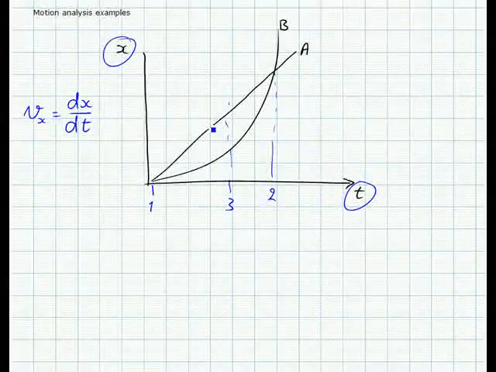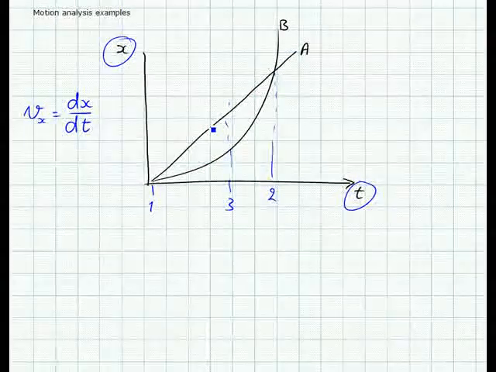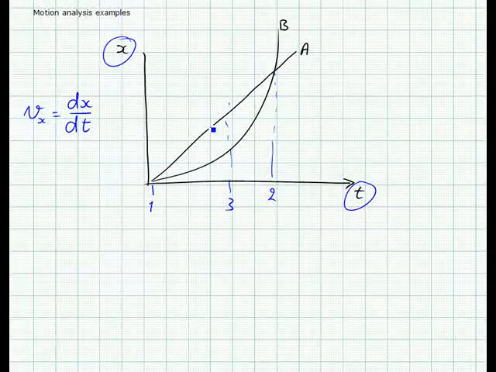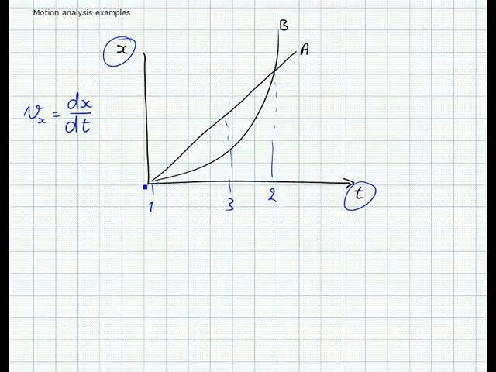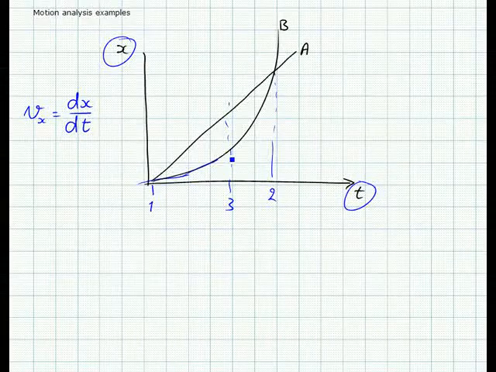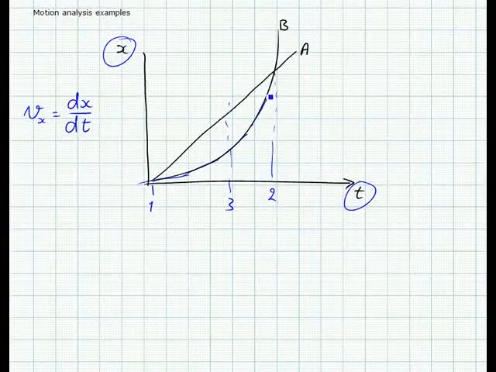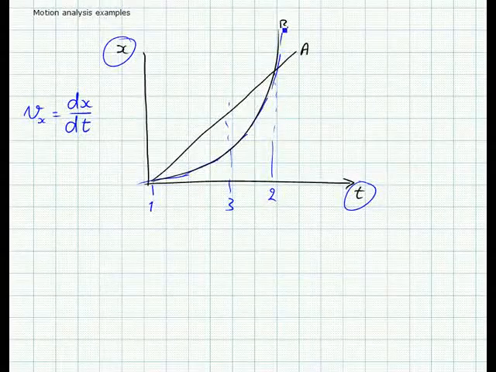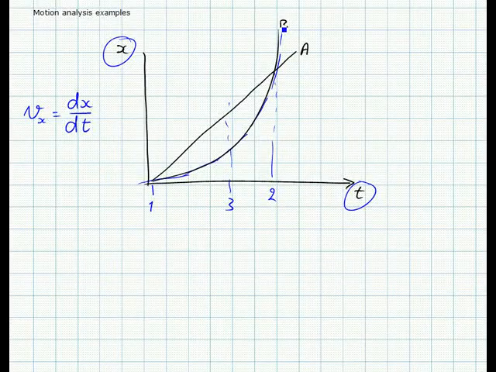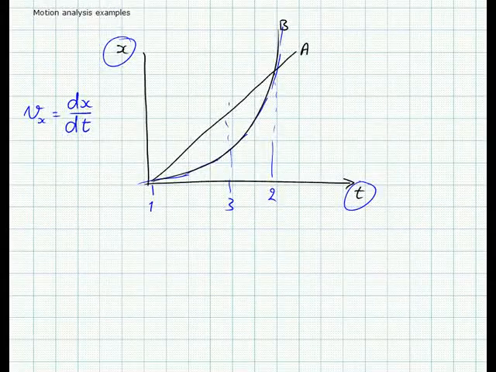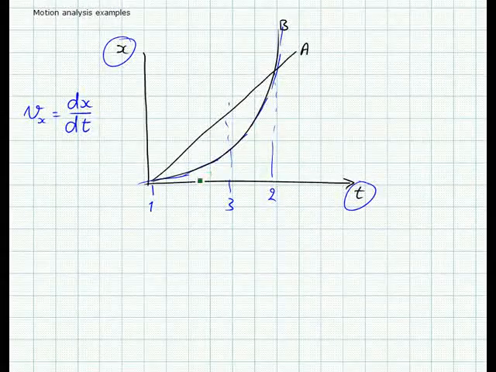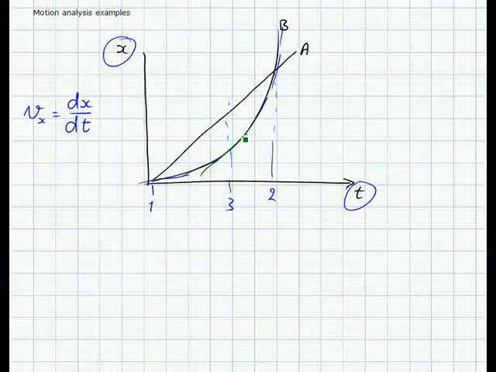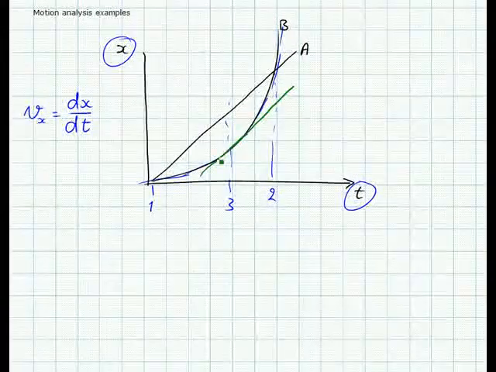Object A is moving with a constant speed or velocity, and curve B has a gradually increasing slope, which means that the velocity of object B is increasing as time passes.